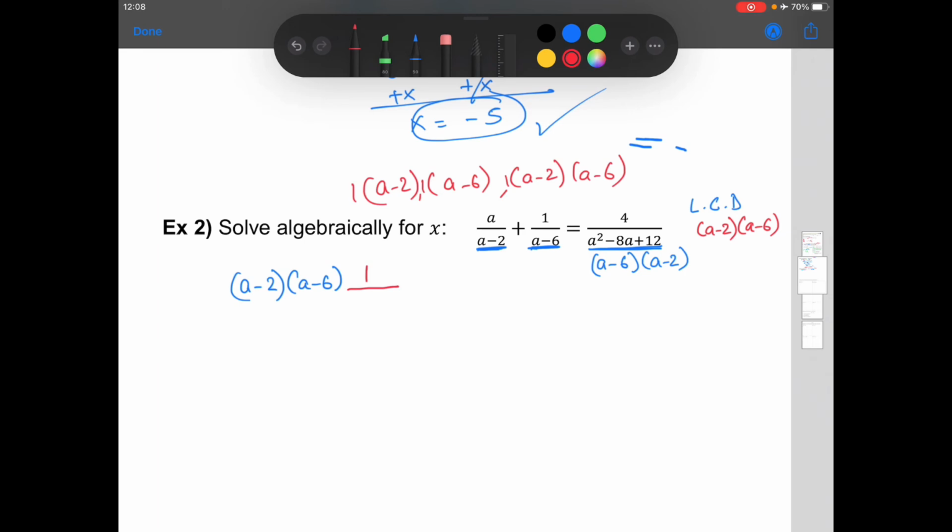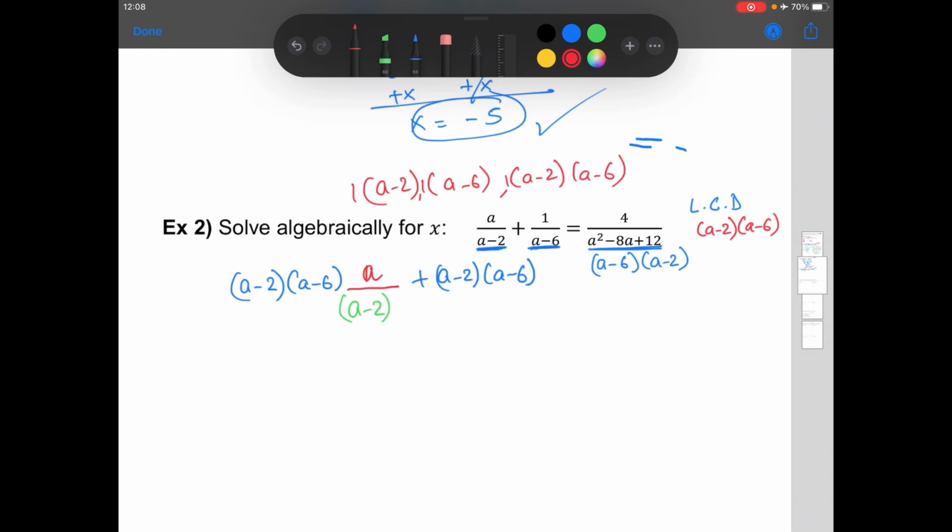And I'm going to change color. 1 over... And I'm going to write my denominator also in green, so that way you can see it. Plus A minus 2, A minus 6. Oh, this was A, my bad.